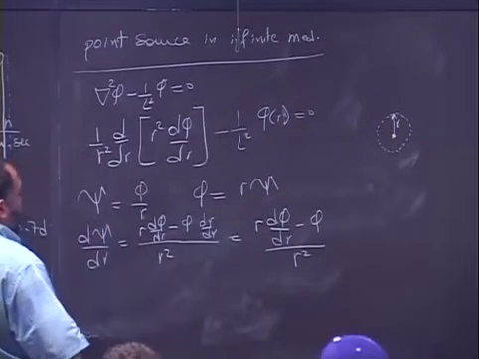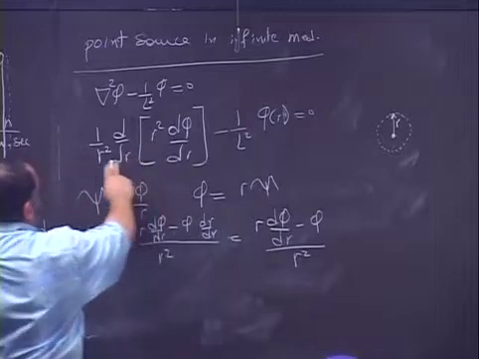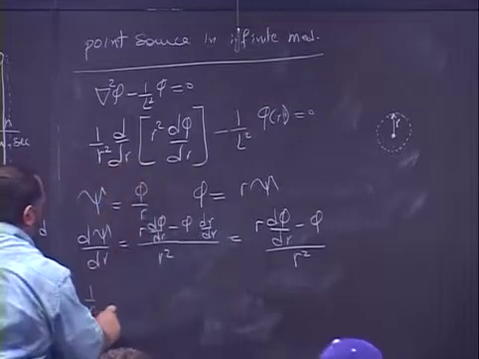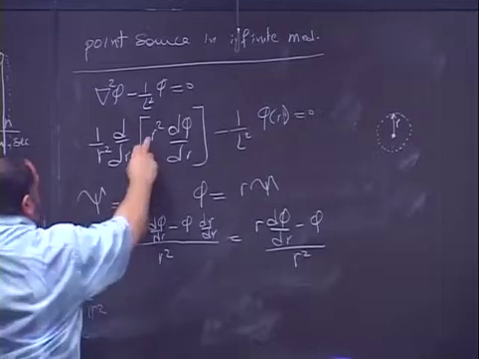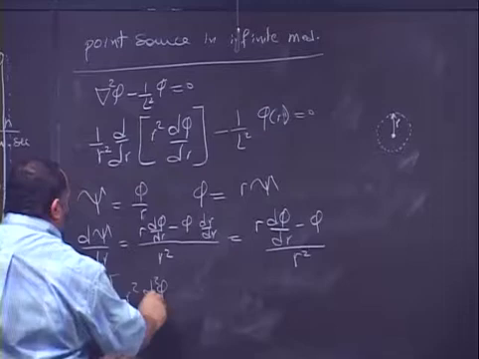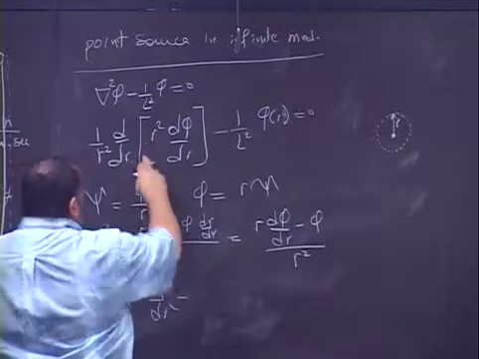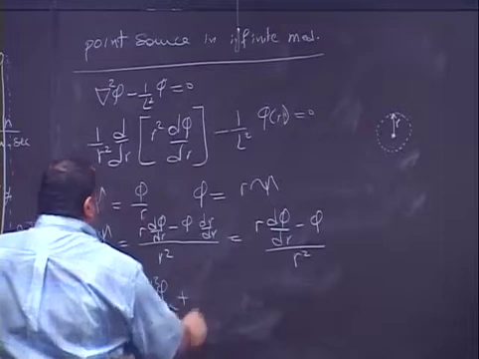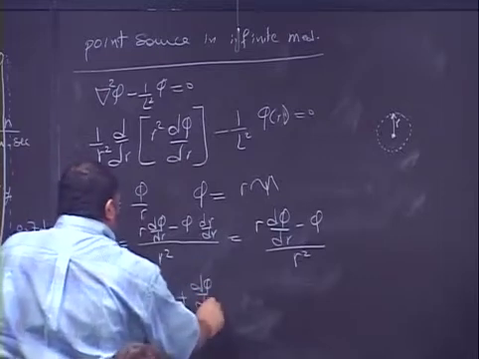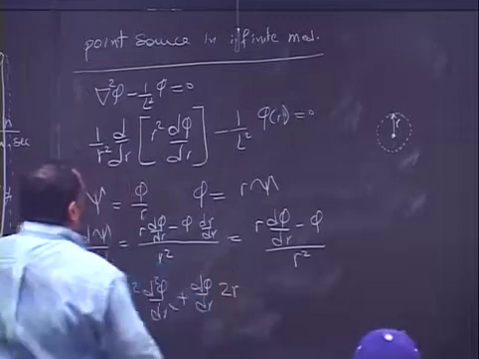Yes? So if you try to reduce this first, this will be 1 over r square, and r square multiplied by d2 phi by dr squared, and then plus d phi by dr multiplied by 2r.